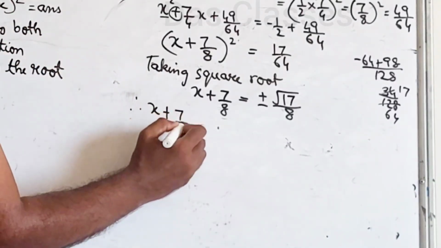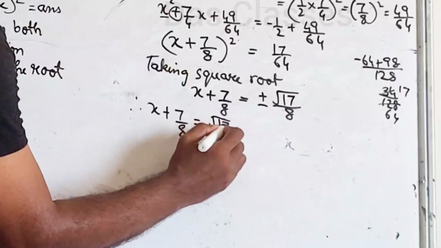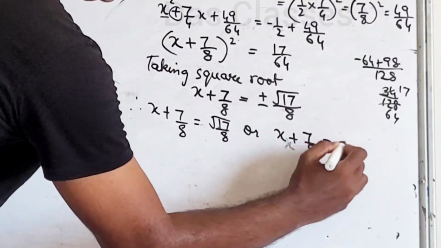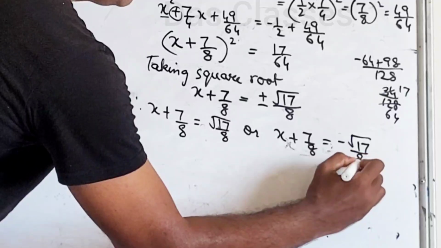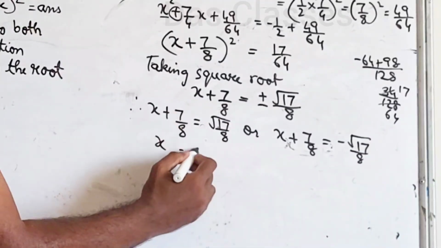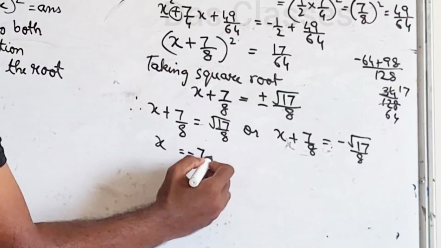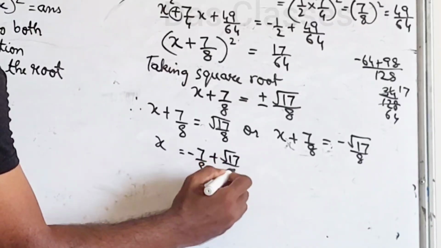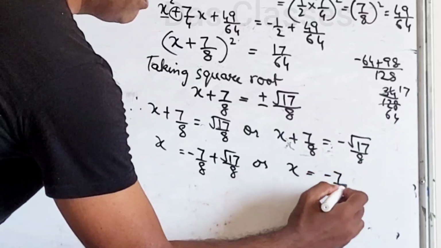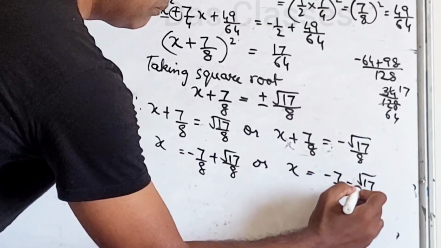X plus 7 upon 8 is equal to root 17 upon 8, or x plus 7 upon 8 is equal to minus root 17 upon 8. So when this number goes to the other side, it will become negative: x would be equal to minus 7 upon 8 plus root 17 upon 8, or x would be equal to minus 7 upon 8 minus root 17 upon 8.